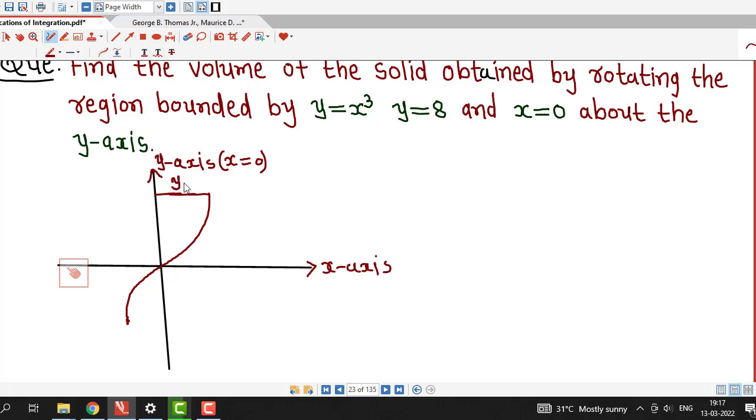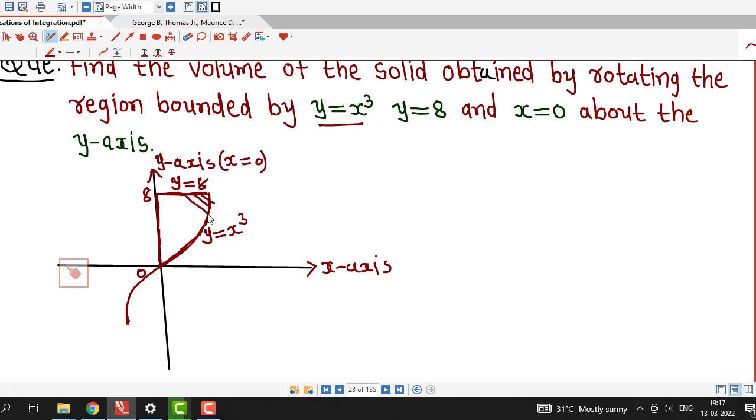So this is going to be y equal to 8 if this distance is 8. And the region bounded by y equal to x cube, that is this part is y equal to x cube, y equal to 8 and x equal to 0. This is y equal to 8, this is x equal to 0, and this is y equal to x cube. So we have these three boundaries.